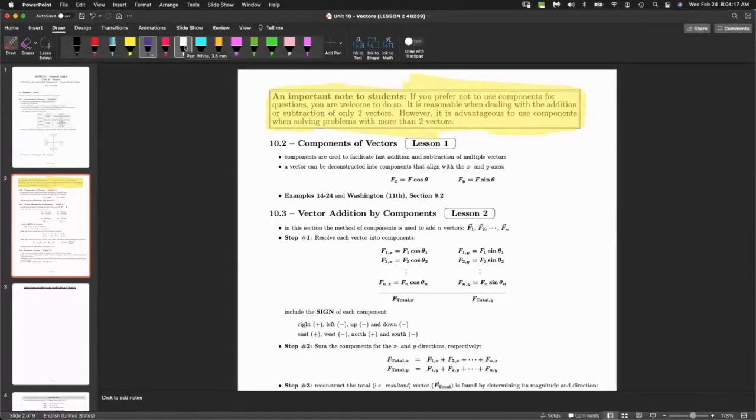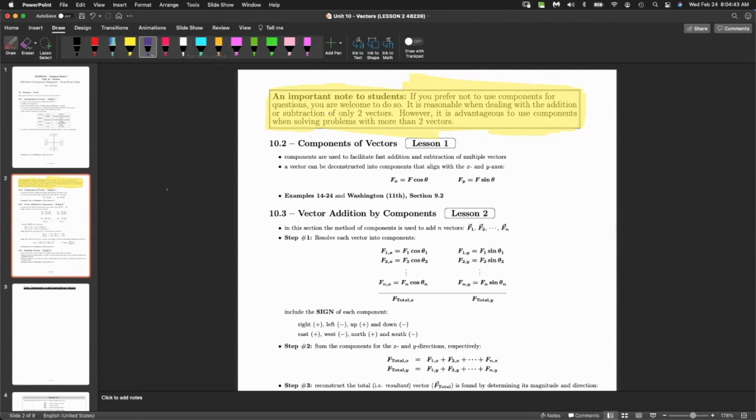I'm well aware and agree with those that say if you have two vectors, it's probably faster to just use the sine and/or cosine law to do your business. The reason I prefer the component method for more than two vectors is because you don't want to use the sine and cosine law multiple times, adding two vectors, then adding another vector.